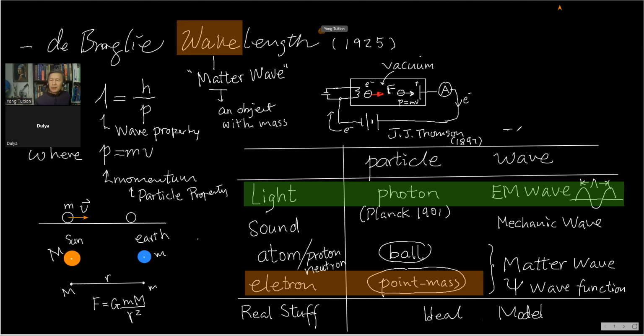You can call him Thomson Jr. And he found something very interesting. Do you remember the double slit experiment? The double slit experiment for diffraction.